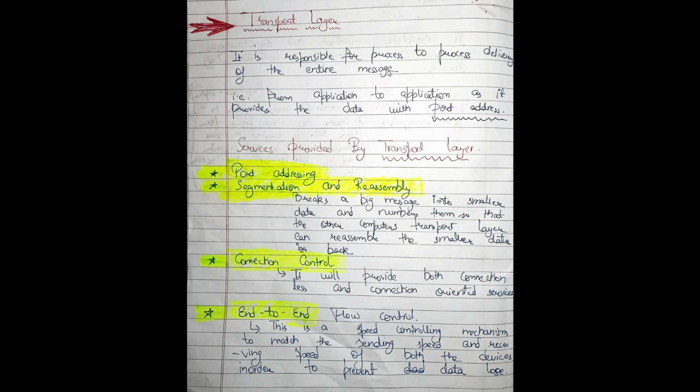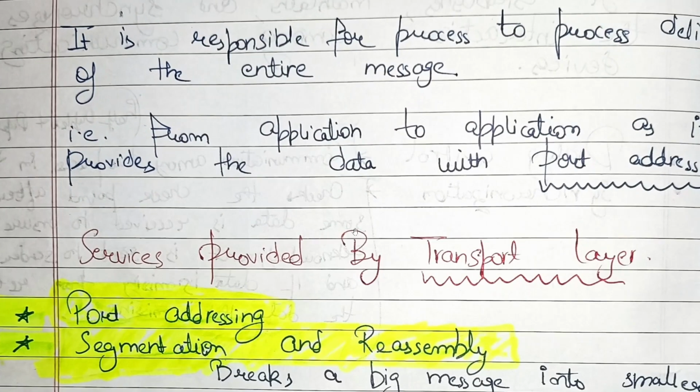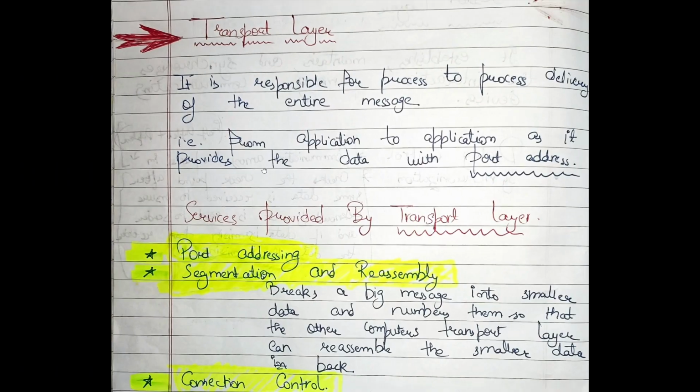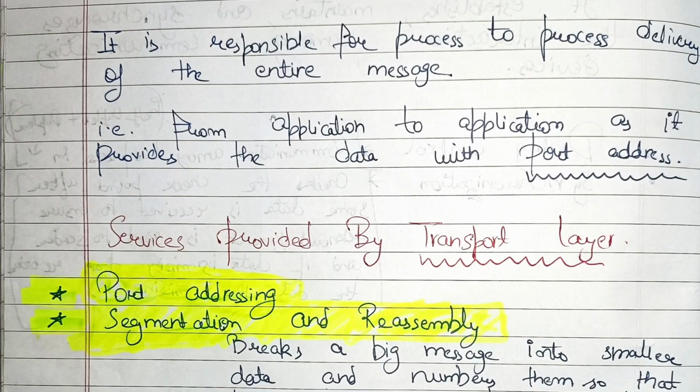Now finally the transport layer. This layer is also known as the heart layer. Why so? Because it is responsible for process to process delivery. I told you earlier that this layer provides the data with port addresses. So what is a port address? It is the application's address. Now application is termed as process here.